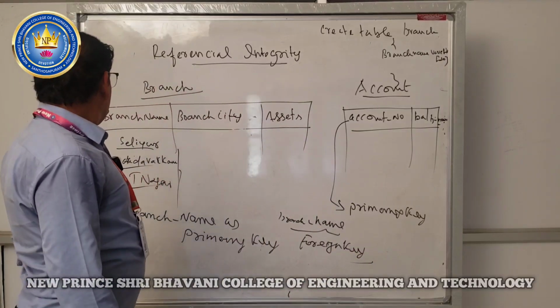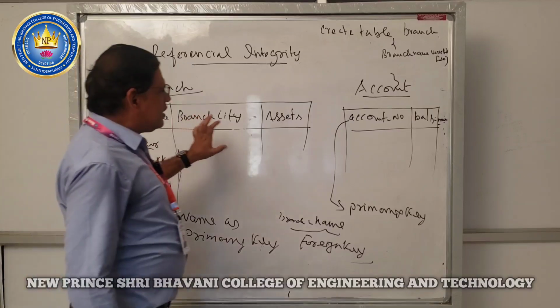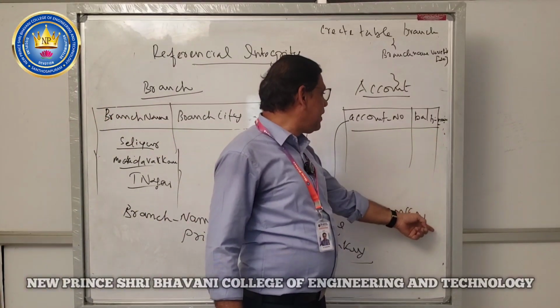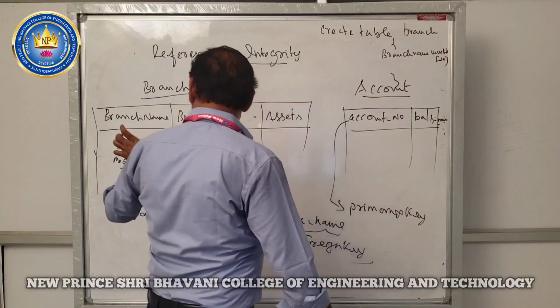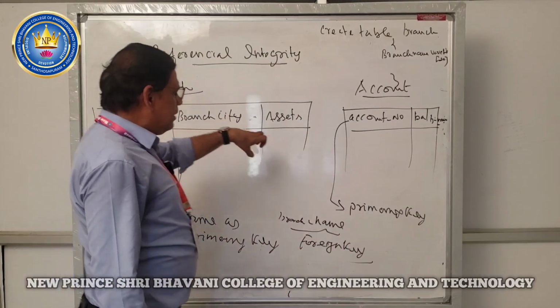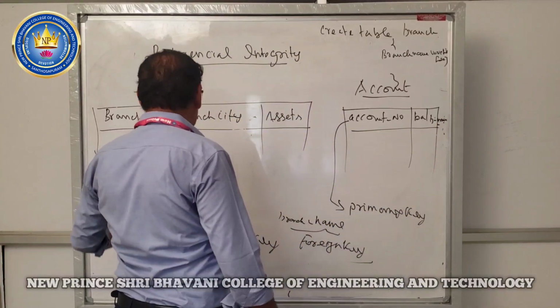That means whatever branch name we are using here, only the same branch name should come here. It will be repeated here, but the same branch name that exists in the primary table, the same value will come. So for example, Selayur, Medavakam, T Nagar, like this.